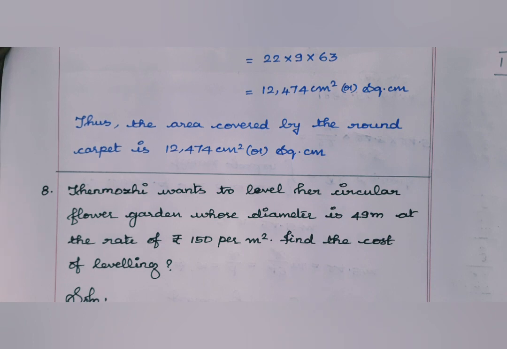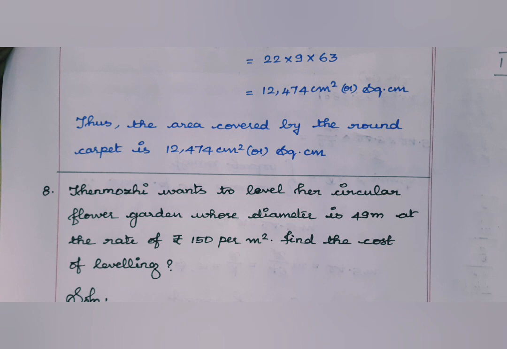For 1 meter square, she is going to be charged 150 rupees. Now she is asking how much will be the cost for me to level this whole area, which is the area of a circle, whose diameter is 49 meter.